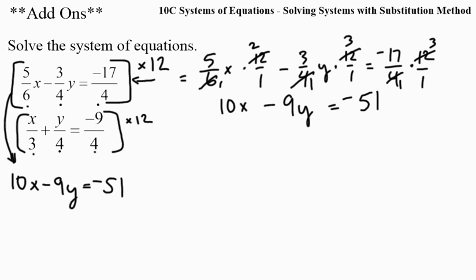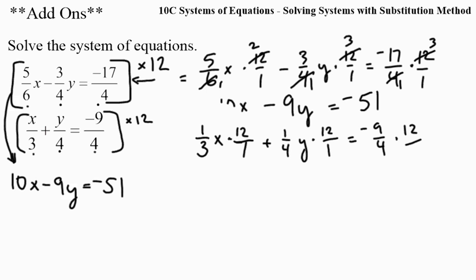So if every part of that one gets multiplied, instead of x over 3, remember we could think of that as 1/3 x times 12 over 1, plus 1/4 y times 12 over 1, equals negative 9/4 times 12 over 1. Every term multiplies by the 12.